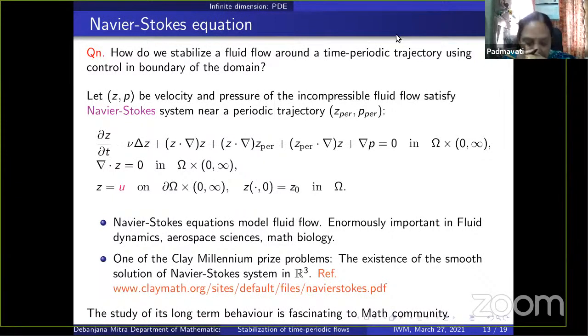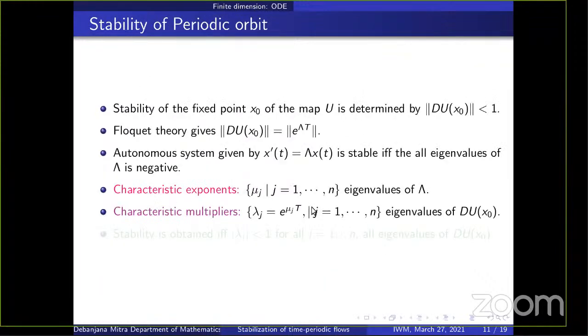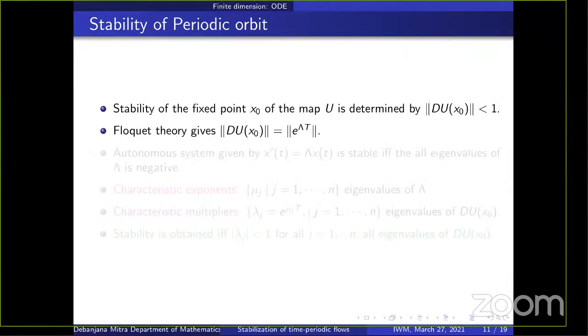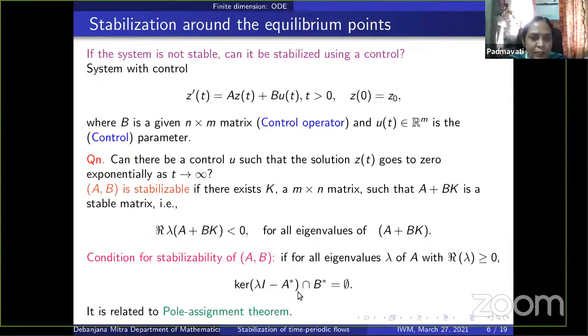Can I see that? I think this is on slide 6. So slide 6, Debanjana, you mentioned the stabilizability condition, right? Yes. Let me go back. This one, the last one. Oh yeah, the second term I forgot, that will be kernel of B star.